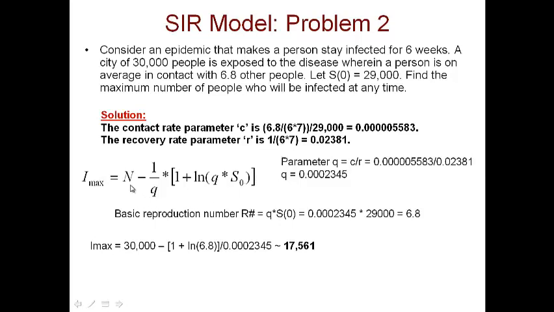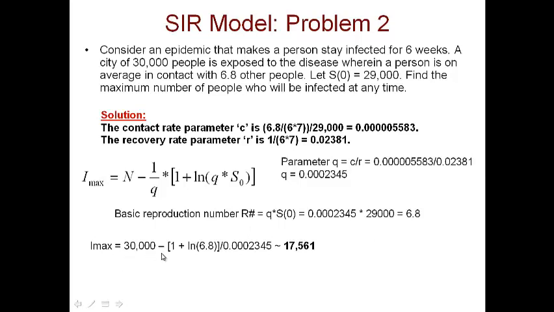Once you find C over R, Q is C over R, C is this number divided by R, which makes Q to be 0.000235. Substitute the value of Q here and S0, you get the basic reproduction number to be 6.8, and that's Q times S0.